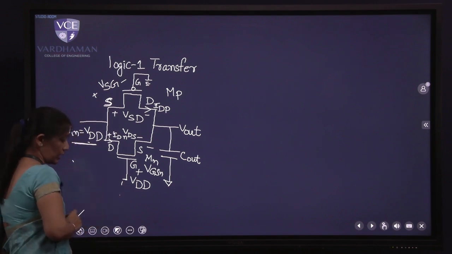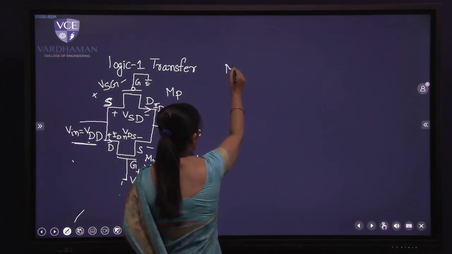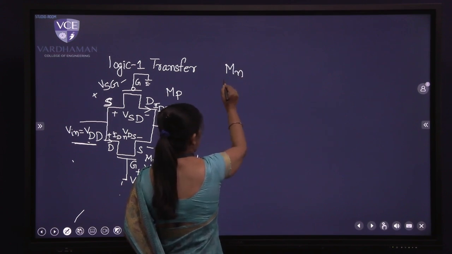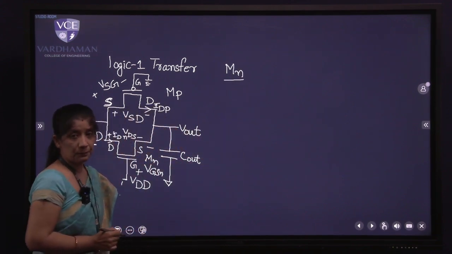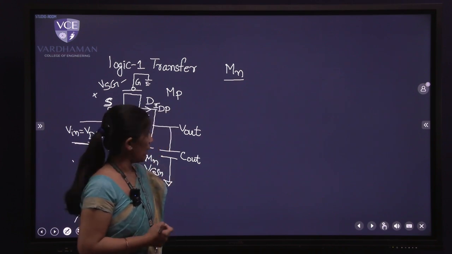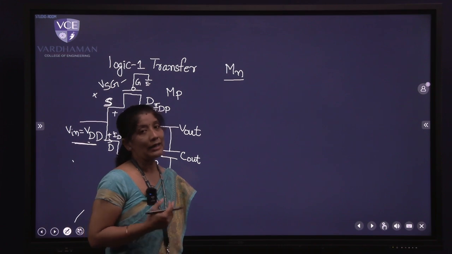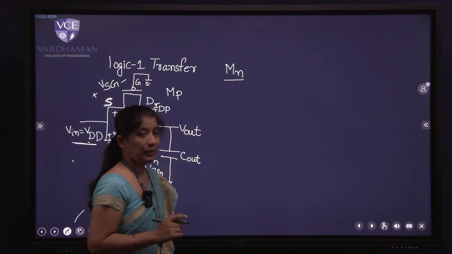Now let us do the analysis of my transistors. Suppose I take my NMOS transistor first. To determine the operating region of my transistor, I have to first determine the VGS voltage and VDS voltage, and that is how I determine the operating regions.